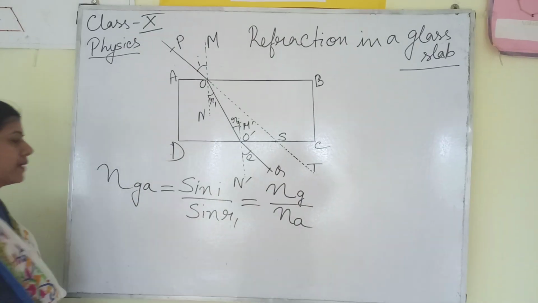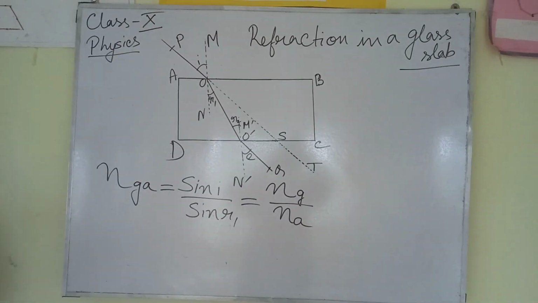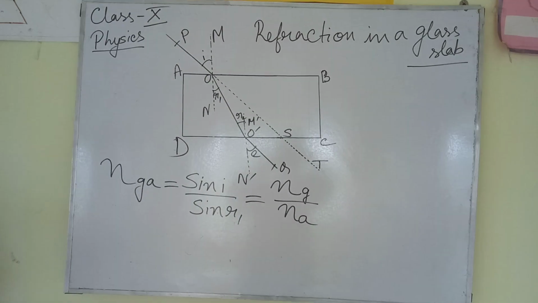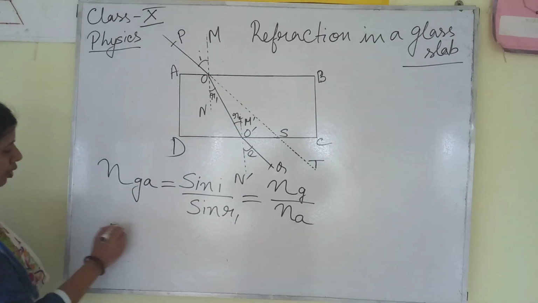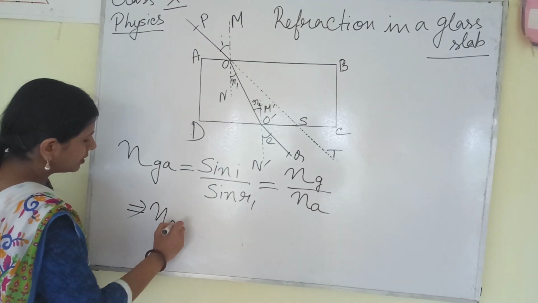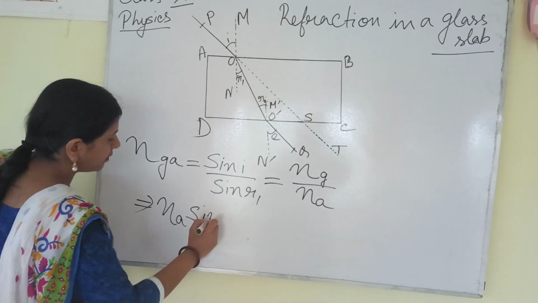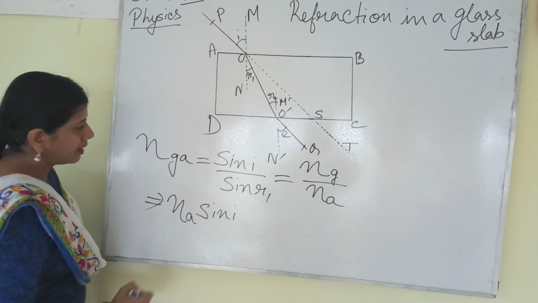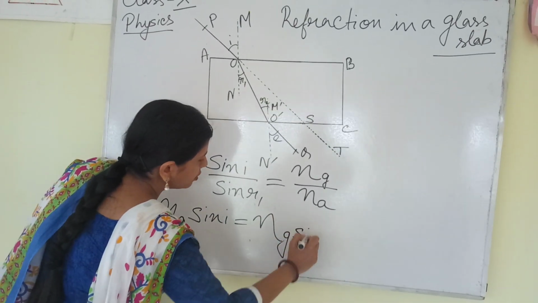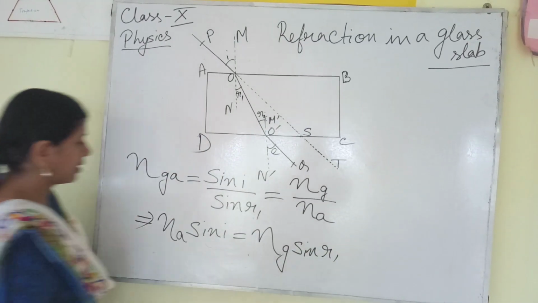Now this one is the refractive index of glass with respect to vacuum, and this one is the refractive index of air with respect to vacuum. Now by cross multiplying, what am I getting? Refractive index of air into sin I equals refractive index of glass into sin R1.